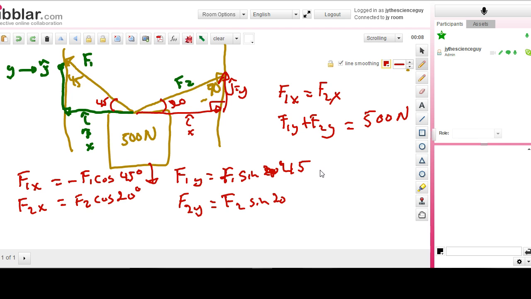I'm going to need more space. Well, let me just write the system here. I'm going to say that f1 cosine of 45 is equal to f2, let's see, can I move this over?